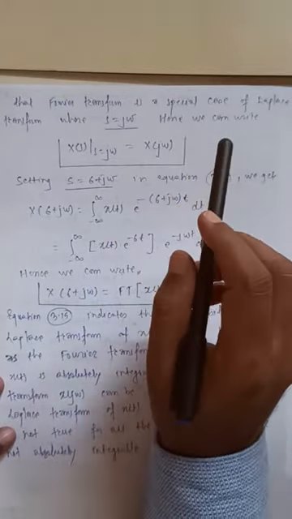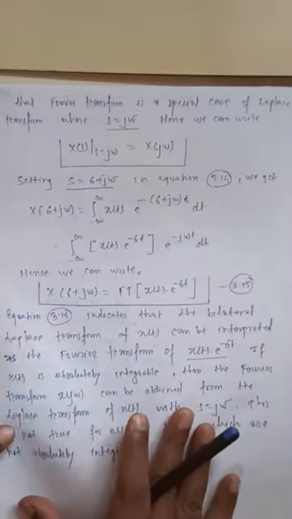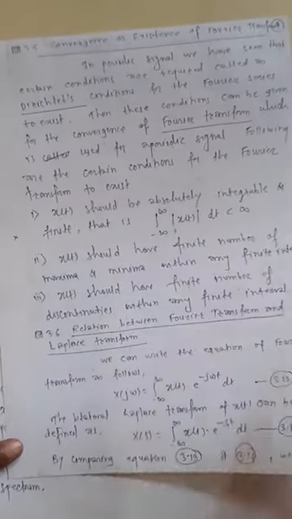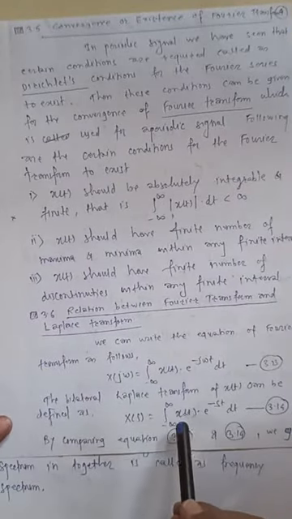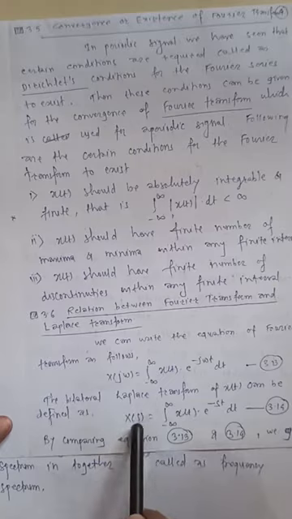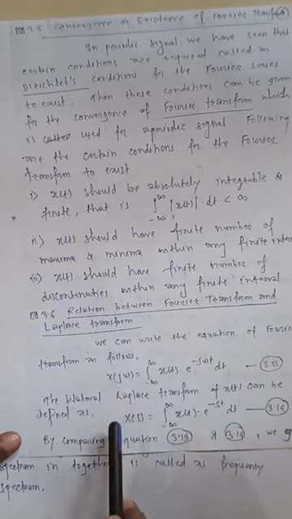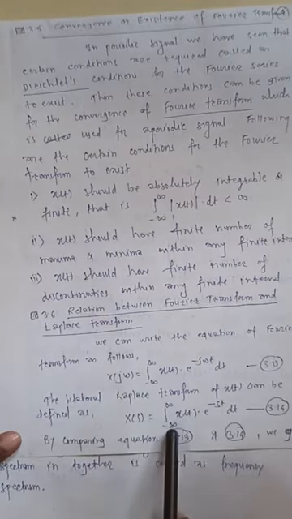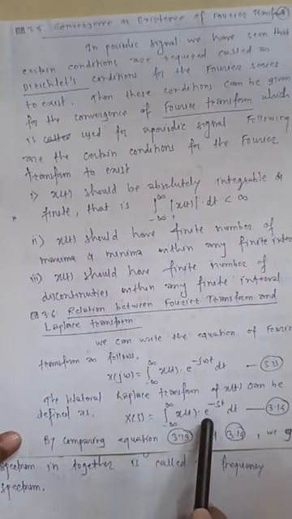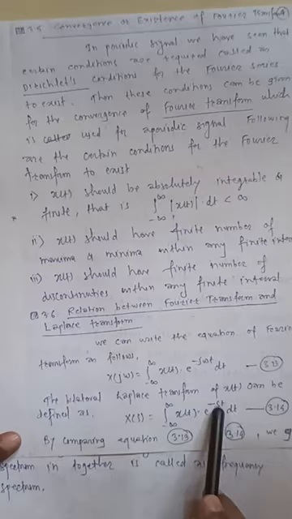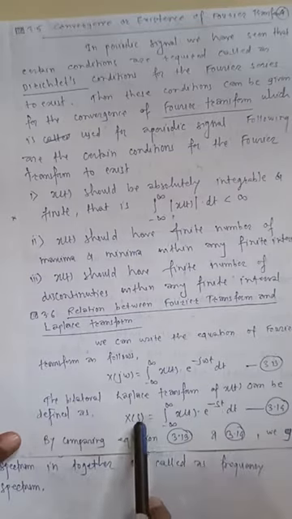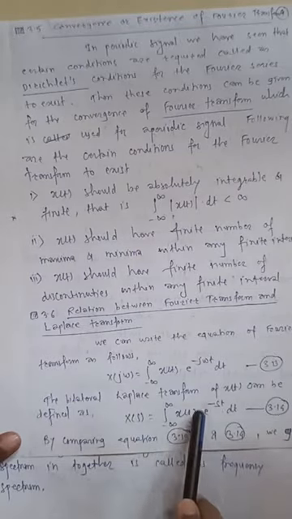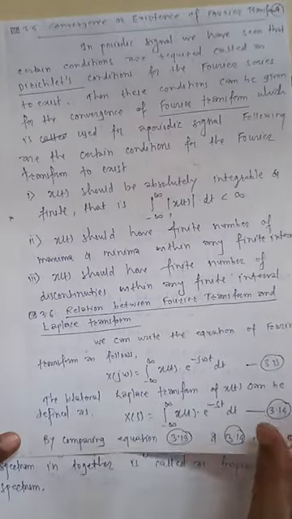That means in the Laplace transform, this s is going to be replaced using j omega. If you replace this s by j omega in the integral of x(t) e raised to minus st dt, it will be the Fourier transform.